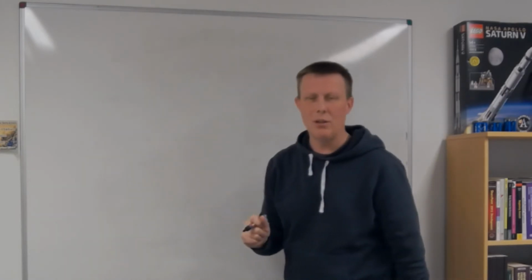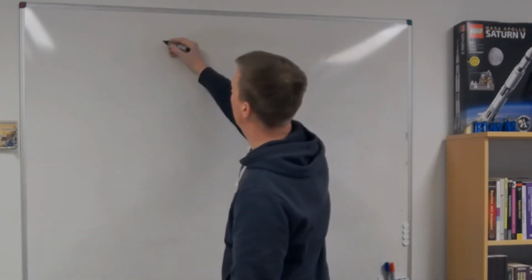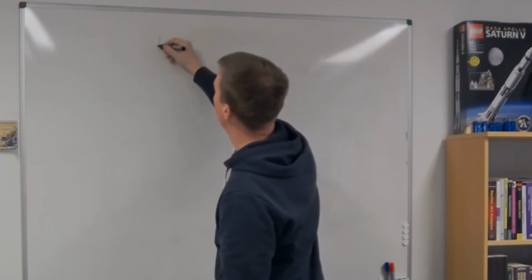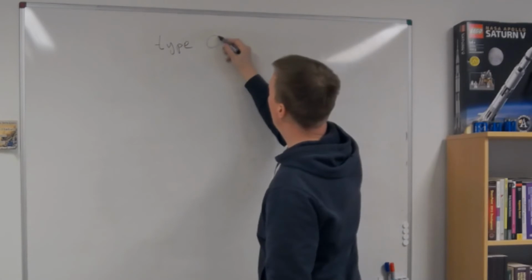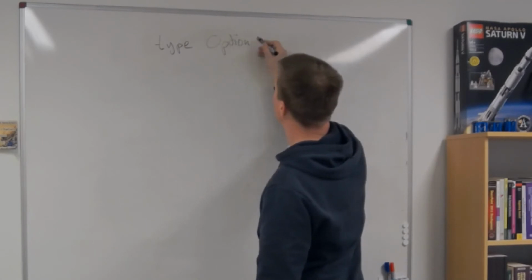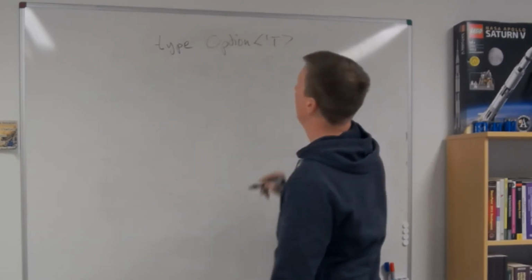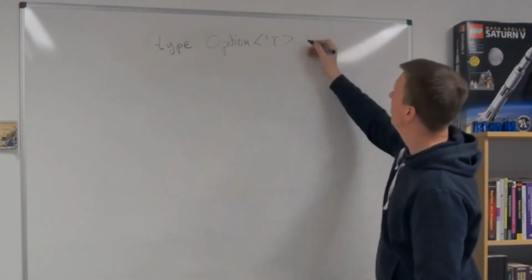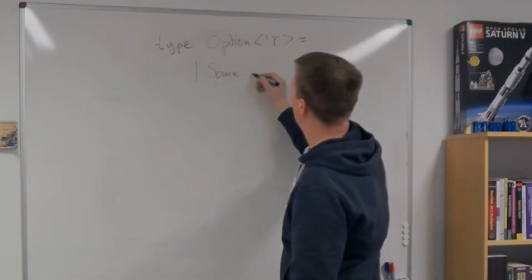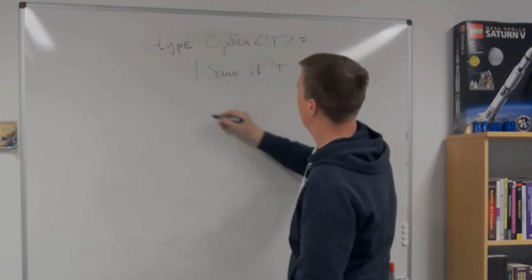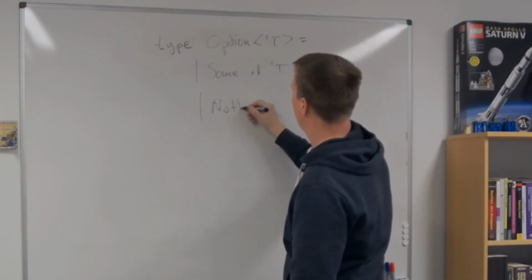At first, when you look at it, you go like, what? But I'll try to explain to you why this is so useful. So we can just define it like this. Type option of some generic t equals sum of t, nothing.